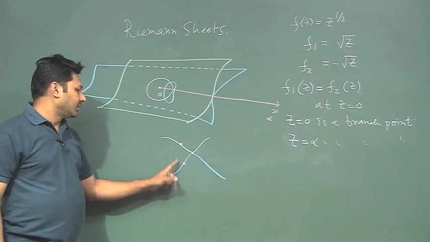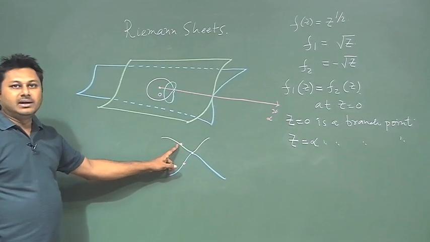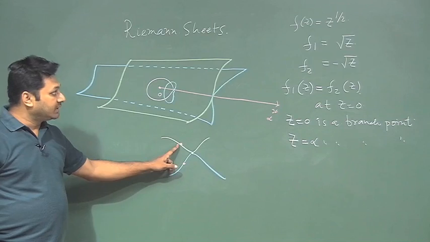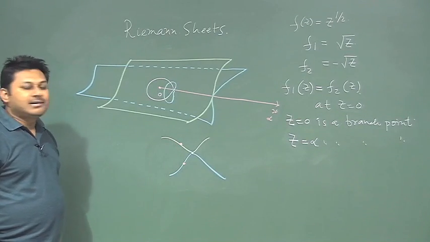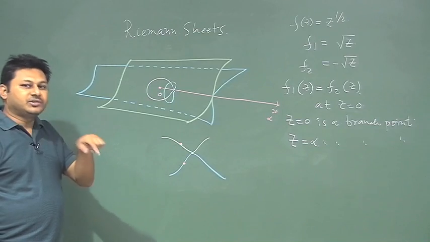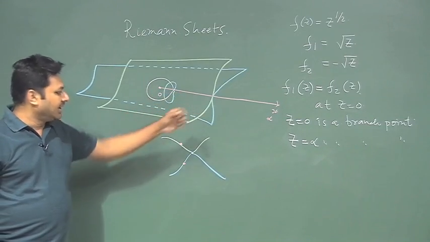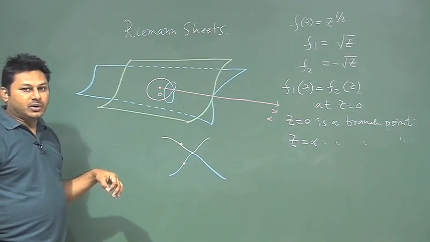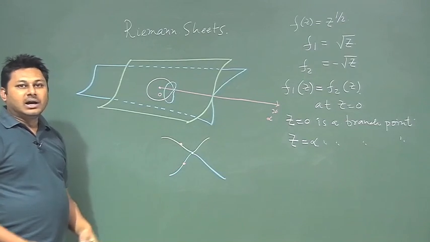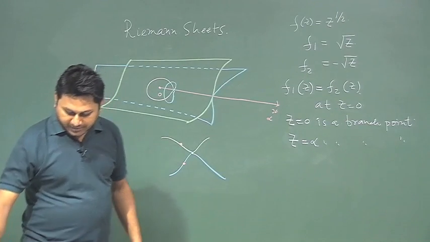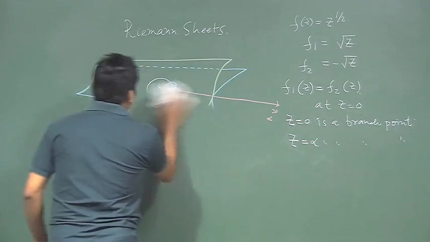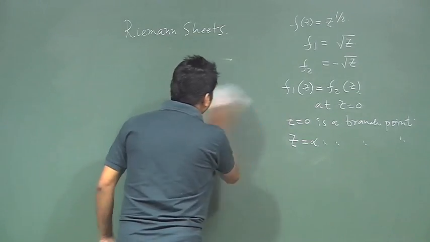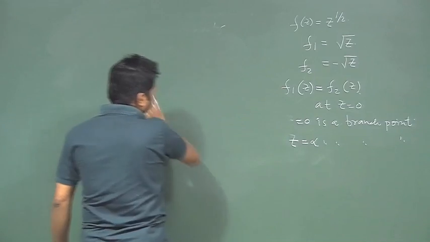The ambiguity that for the same z I am getting two values is now gone, because I can identify clearly that it crosses the branch cut and slides down to the next point. So now we have a rough idea about the meaning of branches and multivalued functions.